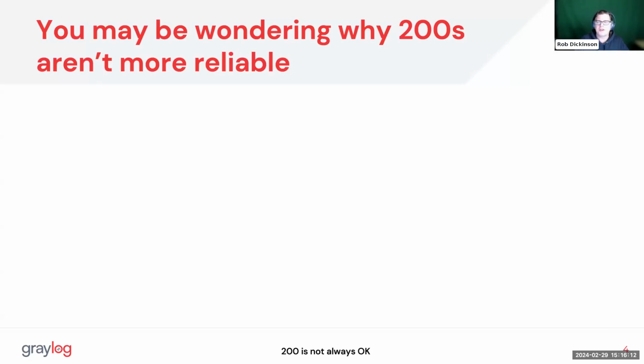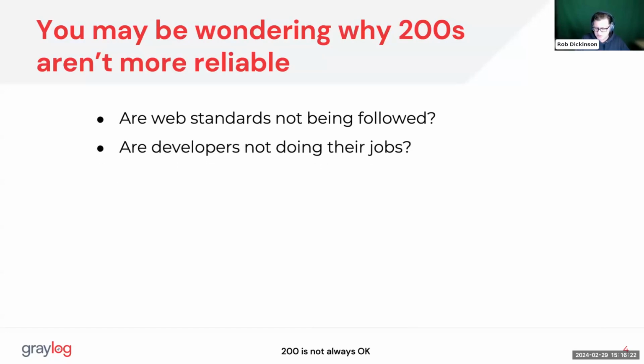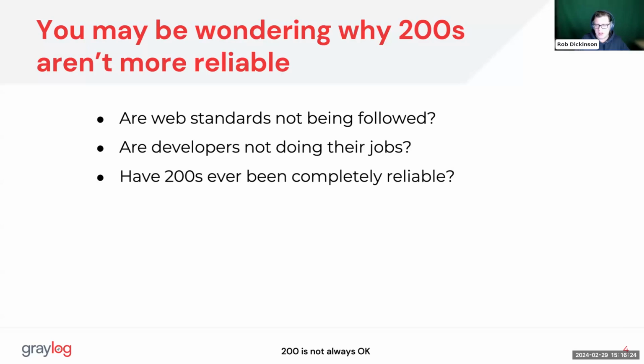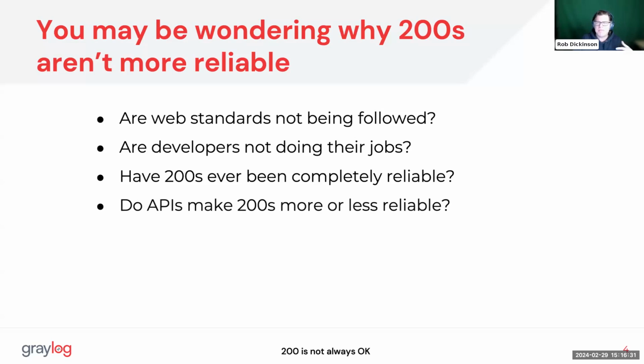But what are the factors that led to this kind of unreliability and not knowing what a 200 actually means? Is it a case where the web standards aren't being followed? Are the developers not doing their jobs? Has this ever been true? Is this something that just recently changed? Do APIs make this situation better or worse?